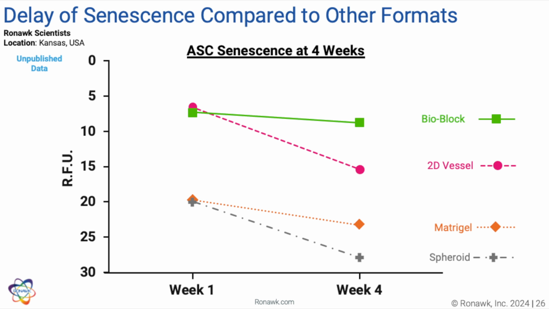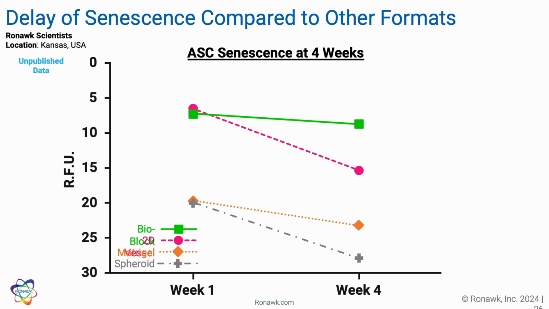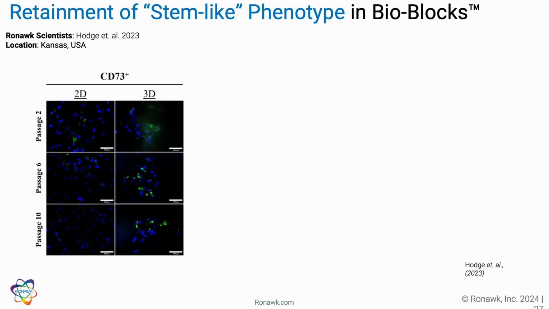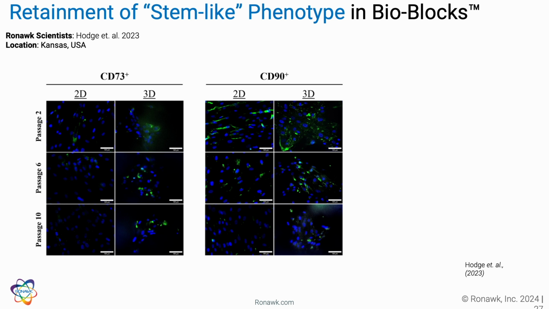What this means is that even though you're using other 3D matrices and 3D formats to grow your cells, you might be losing the potential of your cells for retaining their phenotype and even retaining their stemness in general. Talking about retainment of phenotype here, he also performed different phenotype markers.